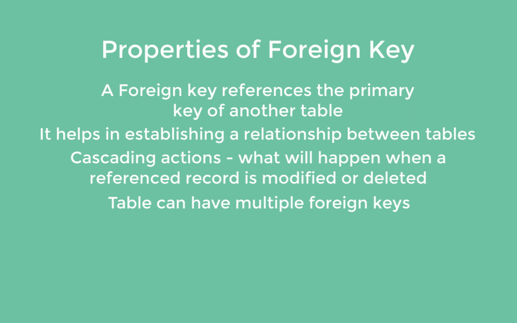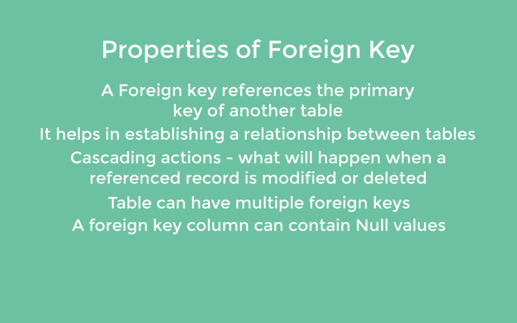Then the fifth one is that foreign key columns can contain null values as well, which means that the relationship is optional for that particular record, where you have null as the value for that foreign key. So yeah, these were a few properties of a foreign key, and I hope you have got a better idea about these. So this is all about primary key and foreign key that we discussed in this video.